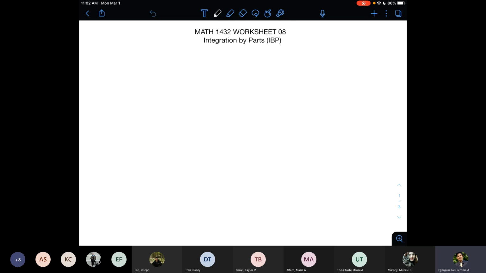As I mentioned earlier, IBP is a usual trick we use whenever integrating a product. So this is commonly used for integrals involving complicated products.